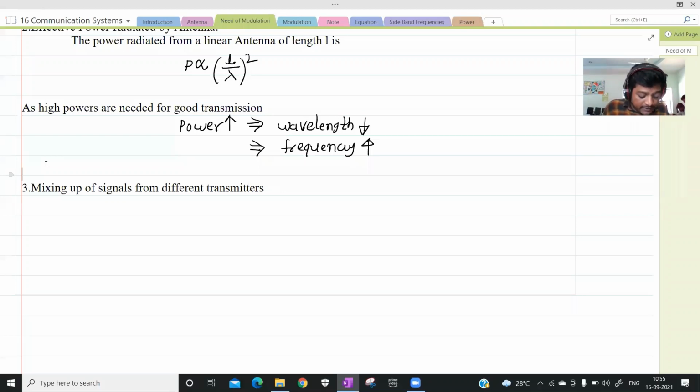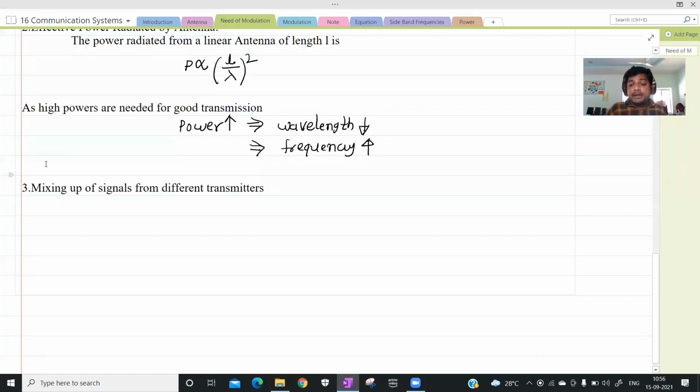The possible solution is communication at high frequencies, with a band of frequencies allotted to each transmitter. If you want to send the same signal from different transmitters, we need to change their frequency. To change the frequency, we need to do modulation.